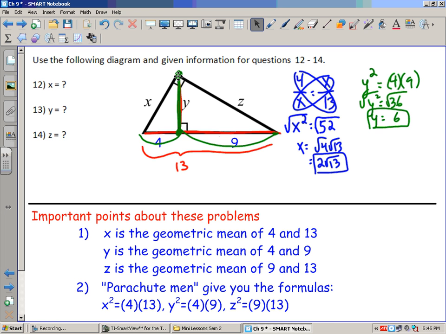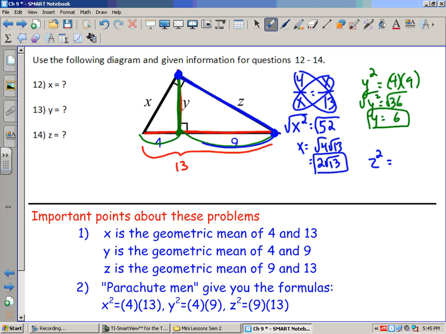And just to show you how parachute men would work had I done z, again, I would start at the big right angle. This is a different color. Big right angle here. I would slide down z. Sliding is exponentially fun, so I'm going to square that: z squared. And then from here, you've got two options.